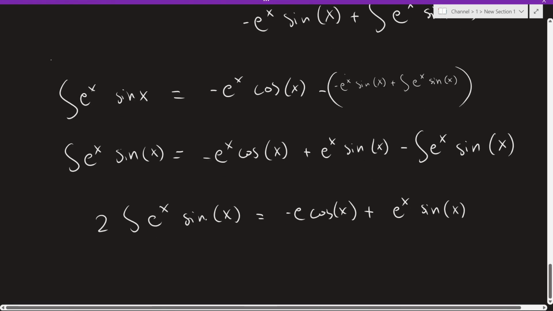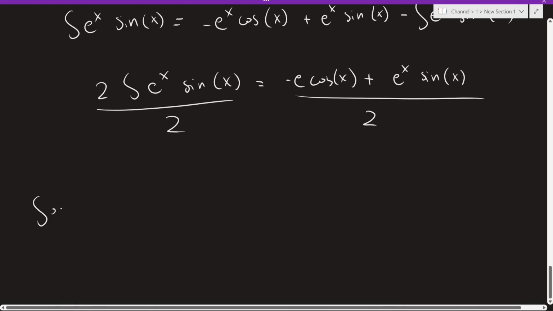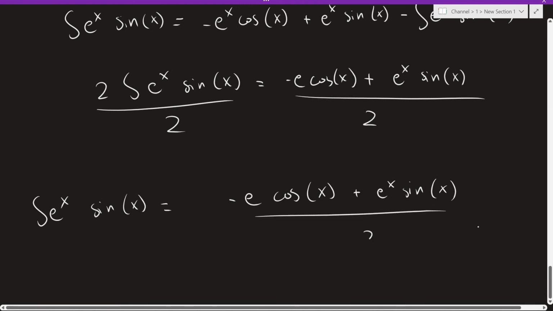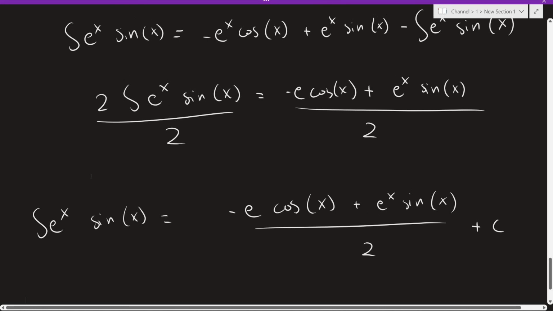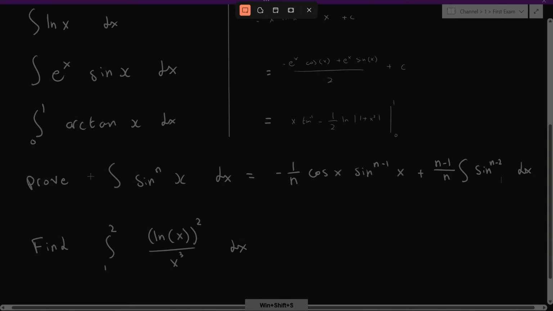However, the question doesn't need two of them, so we have to divide by 2 on both sides. And yeah, this is your answer. The integral of e^x sine x is equal to negative e^x cosine x plus e^x sine x over 2 plus c. All right, on to the next question.